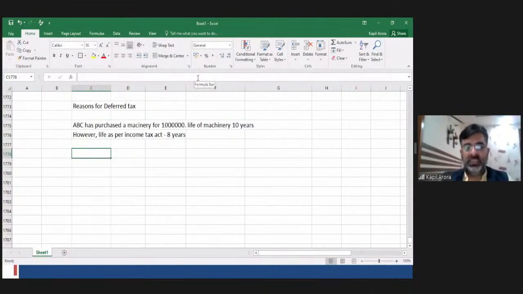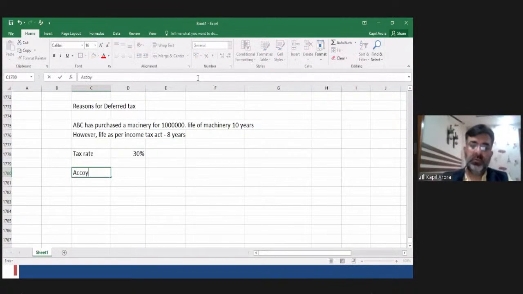Let's assume the tax rate is 30%. So let's plot accounting profit, accounting books, and tax books.